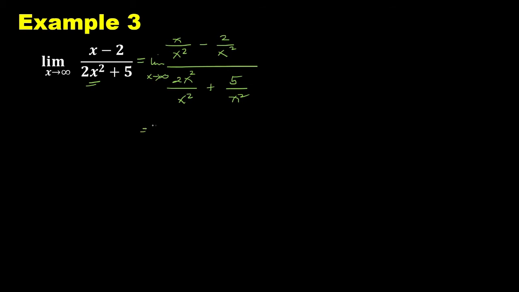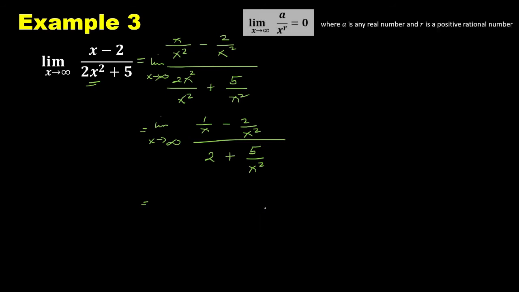And then simplifying, we have the limit as x approaches infinity. So simplifying x over x squared is 1 over x minus 2 over x squared over 2x squared over x squared is 2 plus 5 over x squared. Let us recall the idea that the limit of a over x raised to r as x approaches infinity is equal to 0.